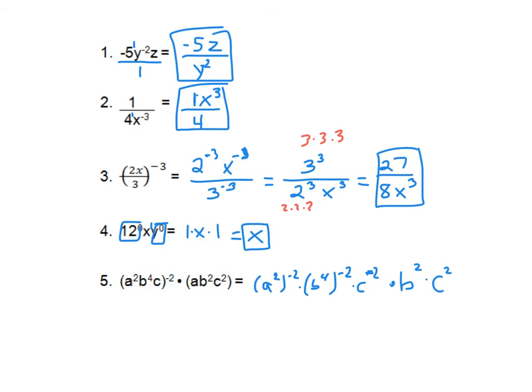All right, so the first thing I'm going to do is take care of my a raised to the second power raised to another power. Again, I want to take care of these exponents that are on the outside of parentheses.